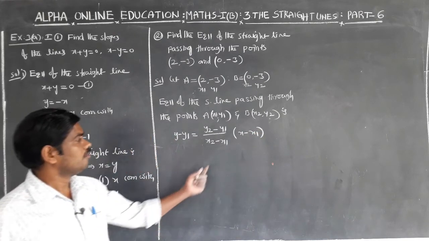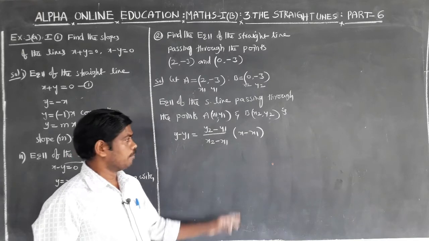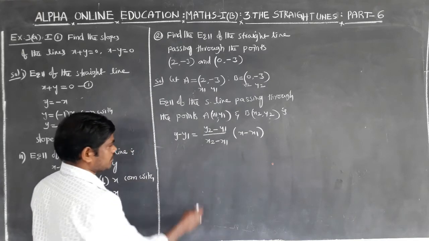This is the formula for the equation of the straight line passing through the 2 points.